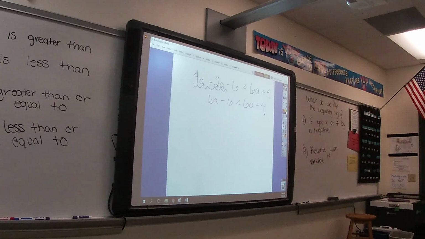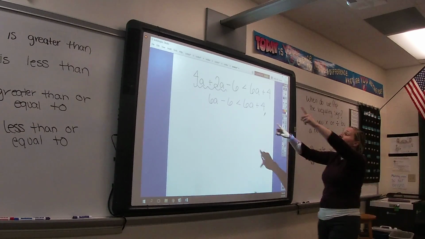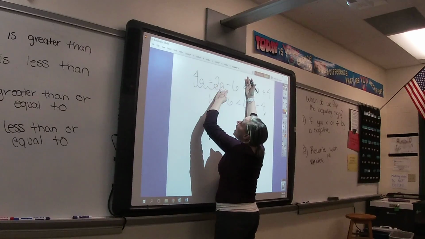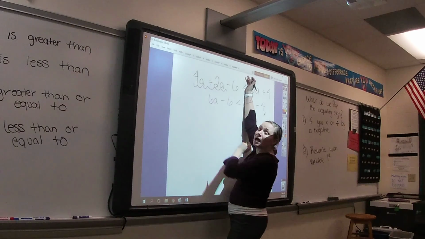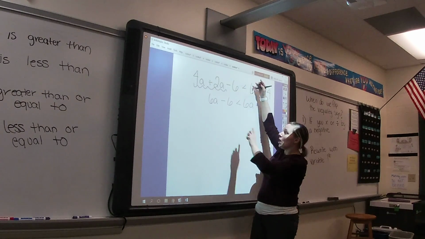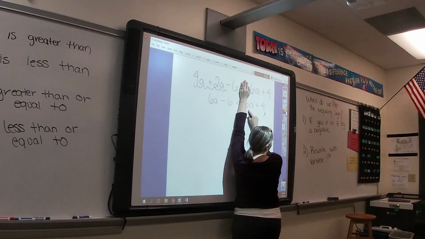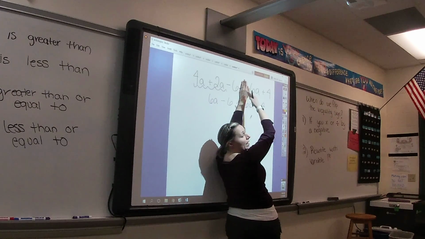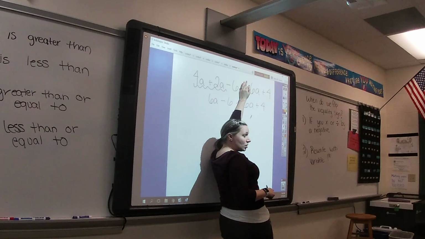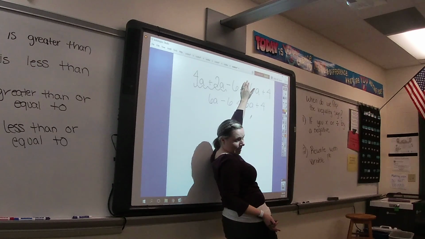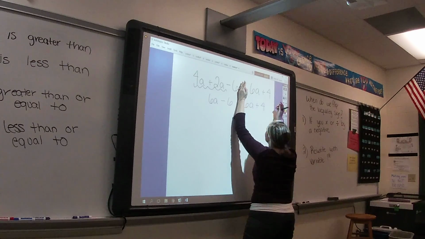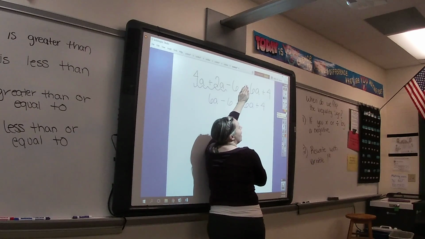If the variables are on the same side, we get them together with the same sign that we saw. Are these variables on the same side? No, right? We have one on the right and we have one on the left. So we need to use the opposite sign. So we'll move a positive 6A by doing what?